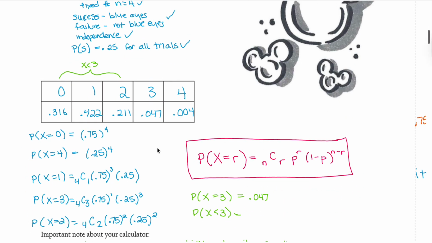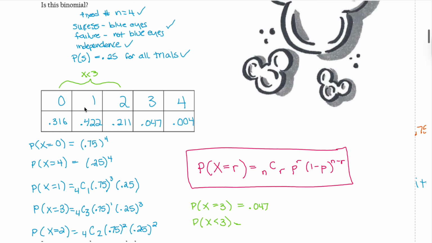And let's create a table for this. The table is 0, 1, 2, 3, 4. We labeled each number. So think about this. The probability of x equal to 0 will be 0.75 raised to the 4th power. This happens when none of their children have blue eyes. So 0 children have blue eyes.